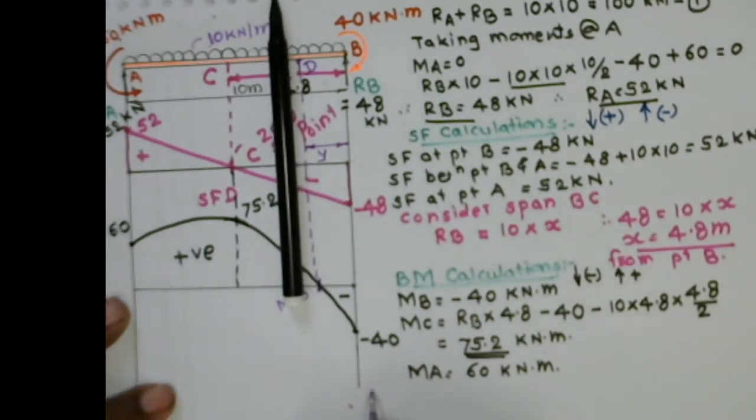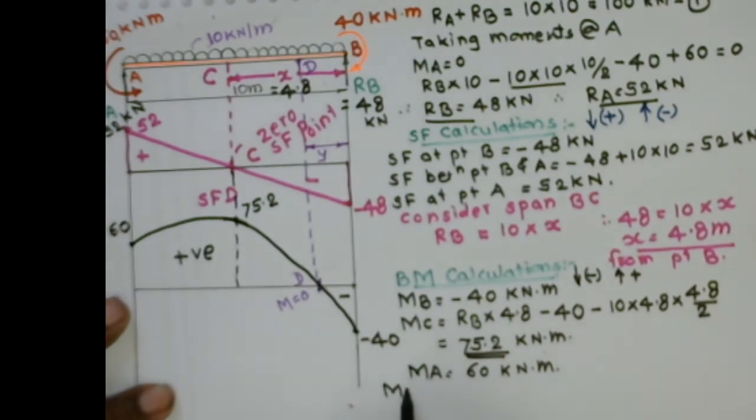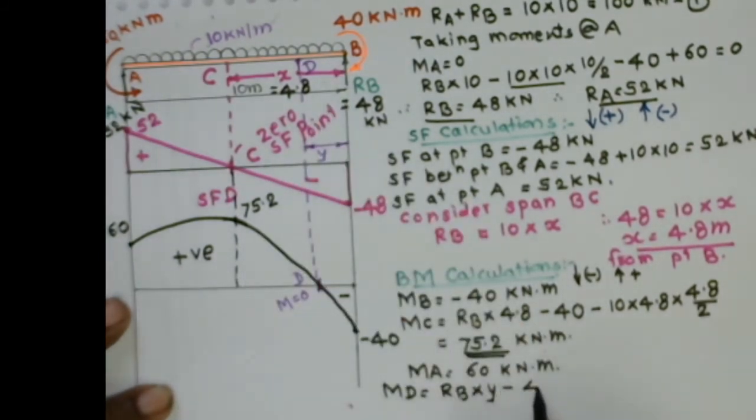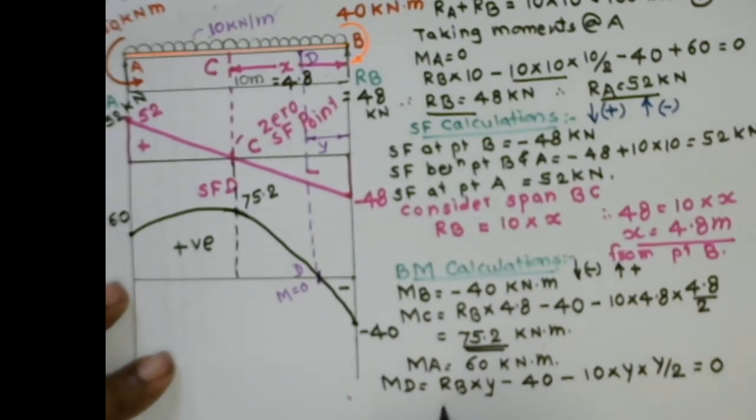So moment at point D is equal to RB into distance Y, the moment itself, that is minus 40 kilonewton meter, and now the UDL 10 into Y acting at Y by 2, is equal to 0. So RB means 48 into Y minus 40 minus 5Y square is equal to 0.